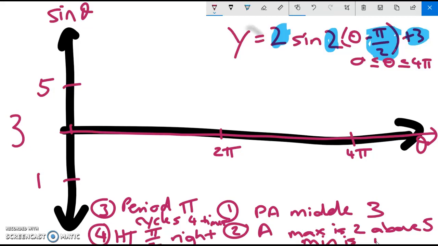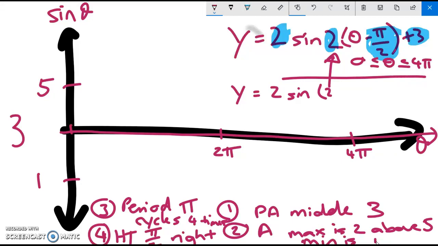Now I just want to, as a bit of a side note, point your attention to the fact that this number 2 is outside the brackets. That is essential if you're actually trying to work out what the horizontal translation is. If you're not and you just want to know the period, it doesn't matter if it's inside or outside that bracket. But if you have a horizontal translation, you're trying to work it out, that number must be outside the bracket, because this is not the same as what we've got above.